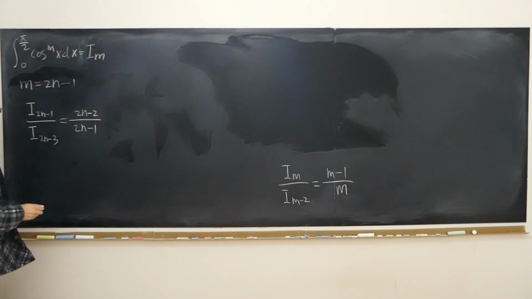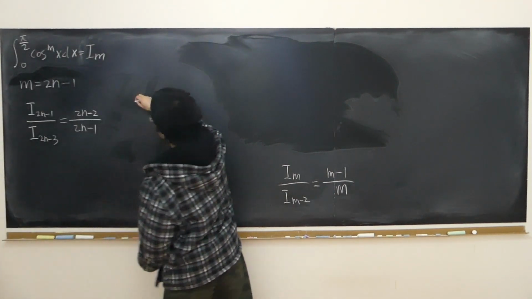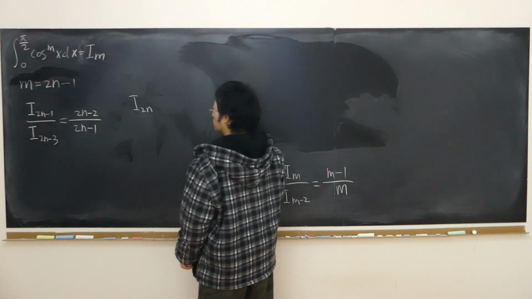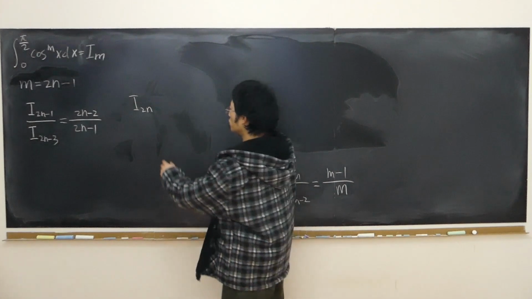If we further reduce n by 1, we have I of 2n minus 3 over I of 2n minus 5, since n now becomes n minus 1 but there is a 2 in front.